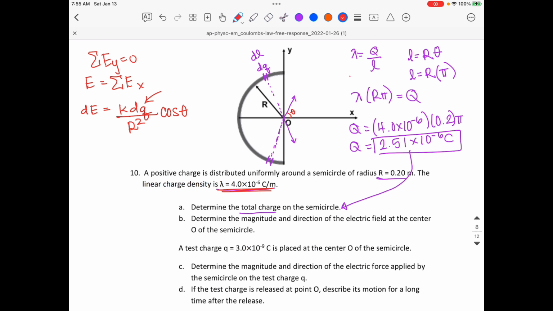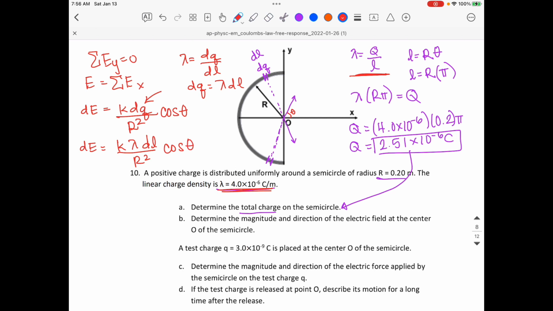So just like we saw in part 1, lambda stays consistent throughout. So even if we got a little portion of the charge from a little portion of the length, we would still get the same charge distribution, and so dq is equal to lambda dl. And our new substitution would include that, lambda dl over r squared cosine theta.